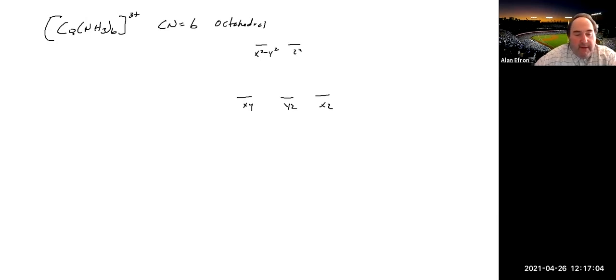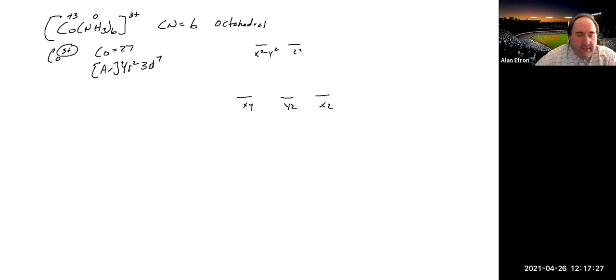We also want to figure out the cobalt here. NH3 is 0, so that means cobalt here is +3. Cobalt with no charge is 27 electrons, which would technically give you argon 4s2 3d7.